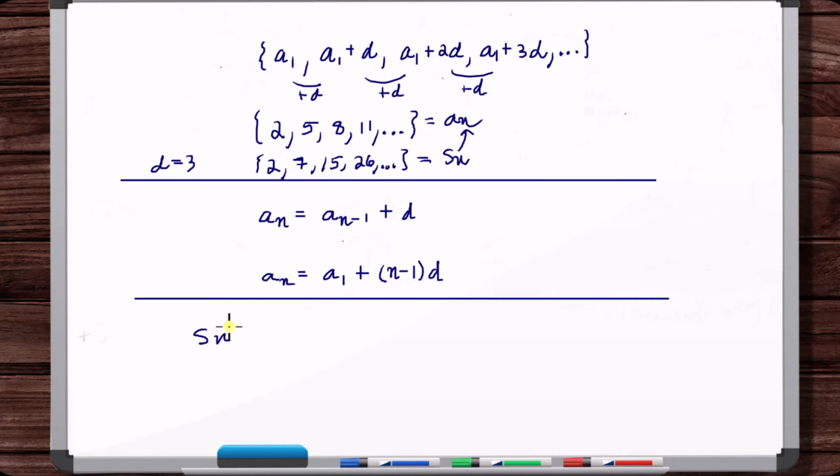Okay, so how can we find the s sub n of an arithmetic sequence? So again, for many s sub n's you can use mathematical induction, which we'll talk about in another video. But here we can just use a clever trick. What you do is you say, okay, let's first write s sub n in ascending order. So, meaning just like this here.